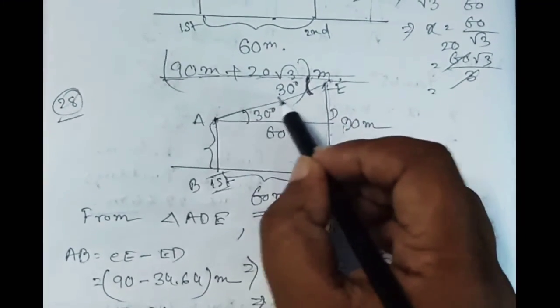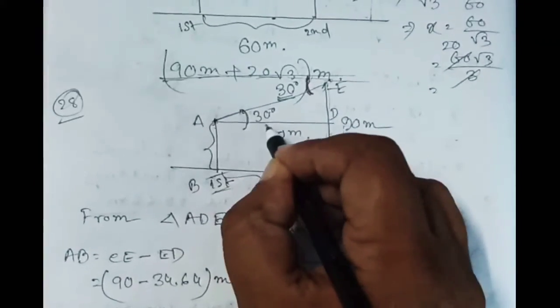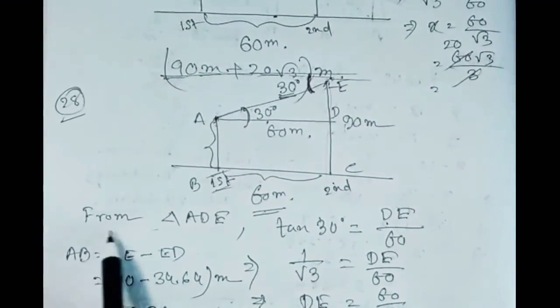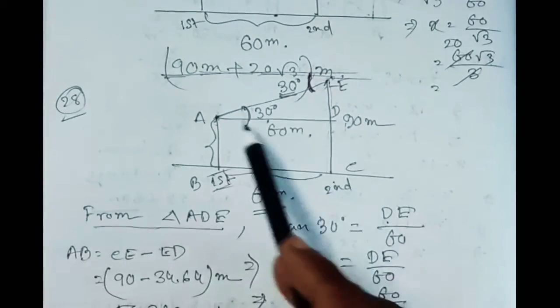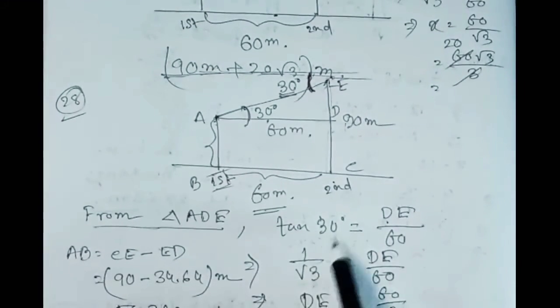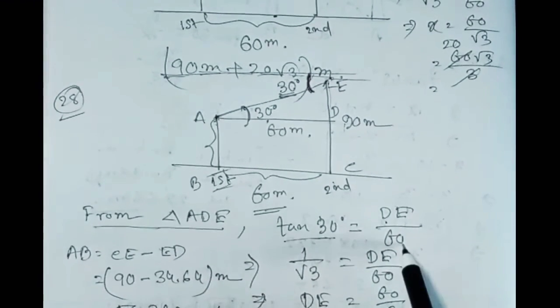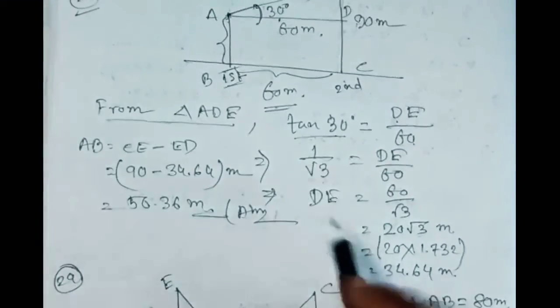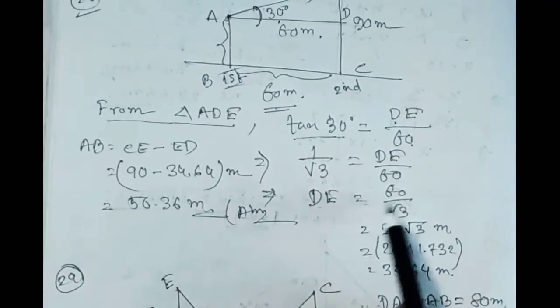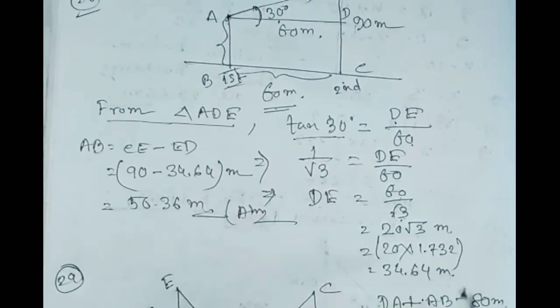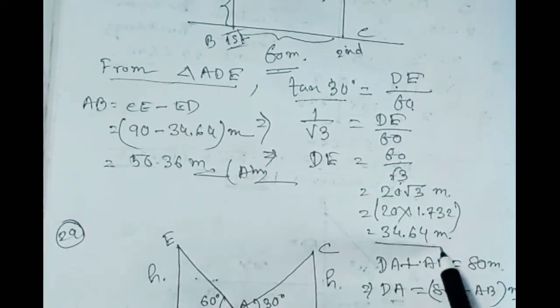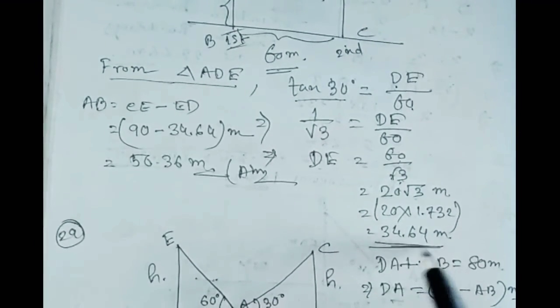So obviously this angle is 30 degrees. Now from triangle ADE, tan 30 is equal to DE by 60. So 1 by root 3 is equal to DE by 60, so DE is equal to 60 by root 3. If we calculate, this equals 34.64 meters.